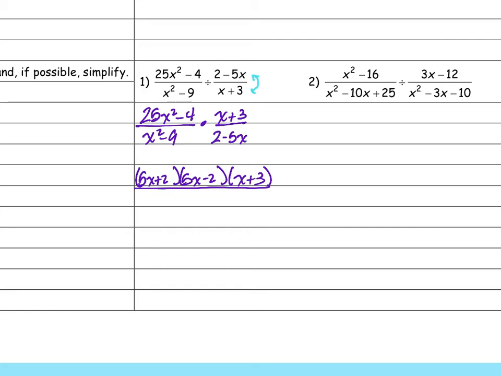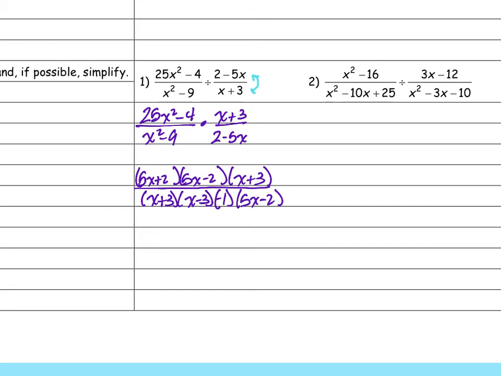And then the bottom factors to x plus 3, x minus 3, and then the last one's going to factor to negative 1. I'm going to take a factor of negative 1 out of it, and then this becomes 5x minus 2.